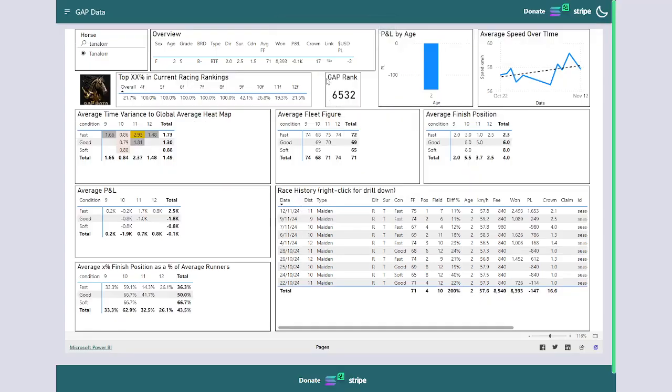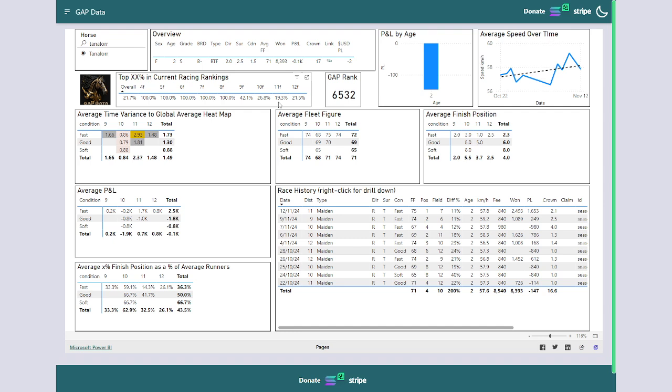Now the next box down, not too important, is that top XX percentage, but it does give you some information. Based on that, I would say your horse is an 11. When you go down to the 19.3% underneath 11, it just means your horse is in the 19th percentile of all horses that ran in this kind of archetype.